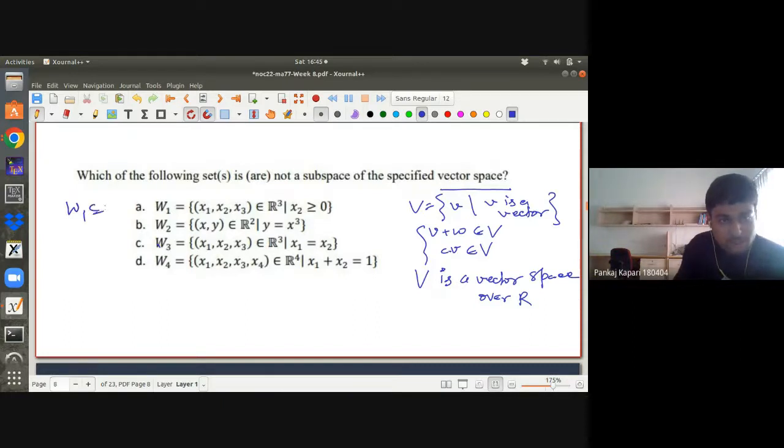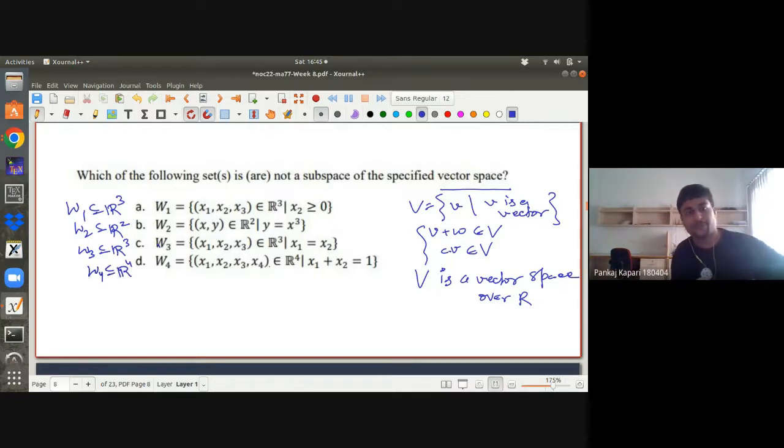W1 is a subset of R3, W2 is a subset of R2, W3 is a subset of again R3, and W4 is a subset of R4. And we have to find which of the following subsets are not subspaces.